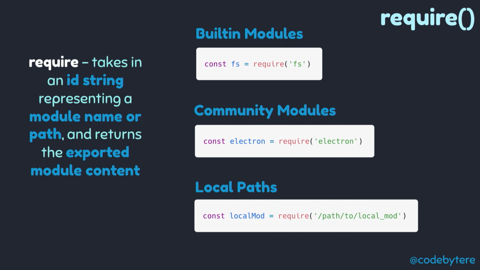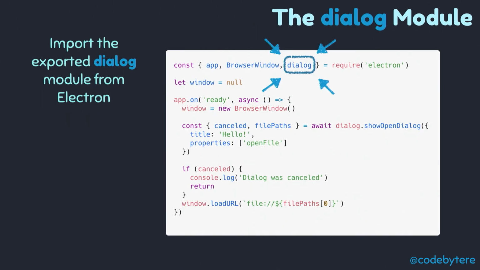In our case, Electron is a community module, so that when we've installed it locally, Node will resolve it against the node_modules directory, where it can then be accessed. Now that we've required Electron and thus gained access to it, we can drill down a little bit further to access the dialog module. We can do this by destructuring the required Electron module, because the module itself is merely an object.